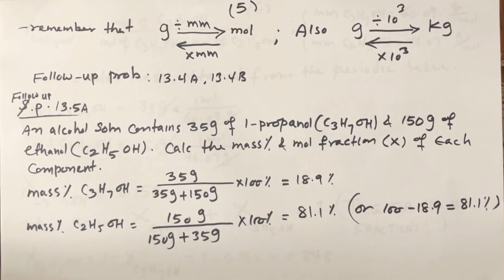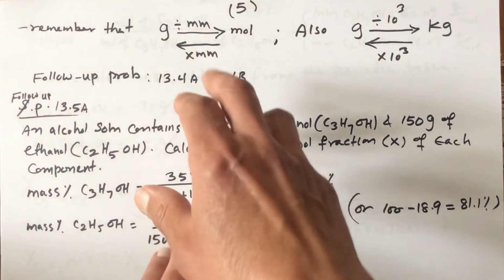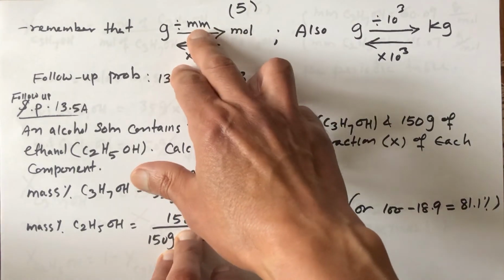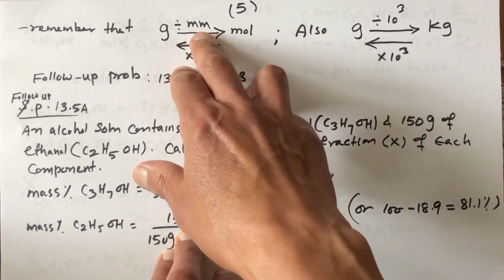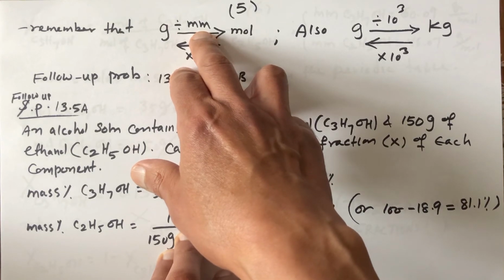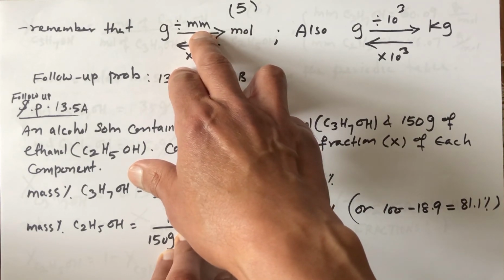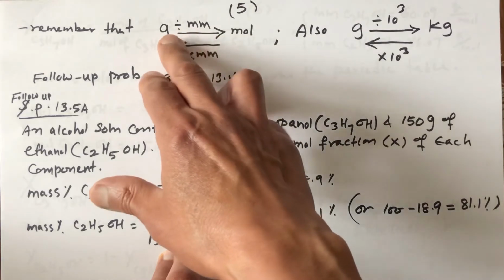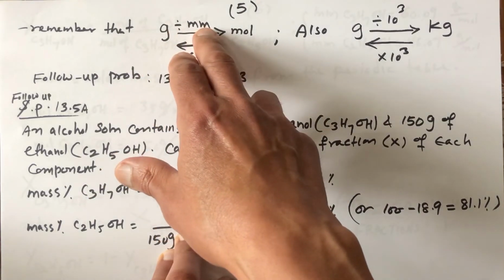In the next slide, we are looking at some basic conversions that are basically a refresher. You are supposed to know this from General Chemistry 1, but I've indicated here, just in case you've forgotten it, that when you divide the grams by the molar mass, where MM stands for molar mass, that is the number that you get from the periodic table by adding the molar masses of individual components, you get moles.